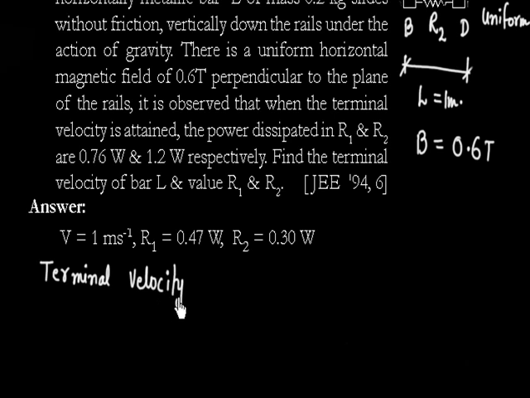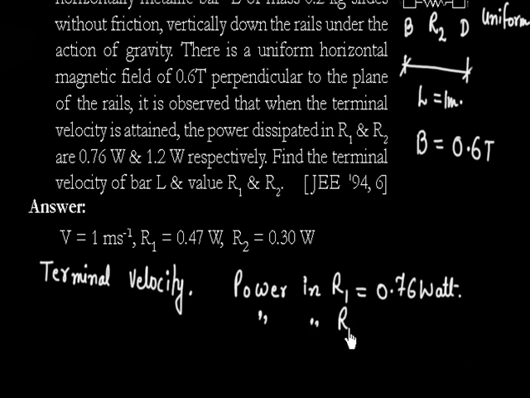At the point when the terminal velocity is attained, power in R1 is equal to 0.76 watt, and the power in R2 is also given to you, that is 1.2 watt. Are you getting or not? This is only when the terminal velocity is attained.